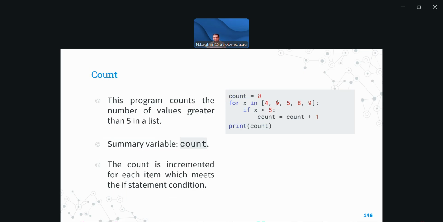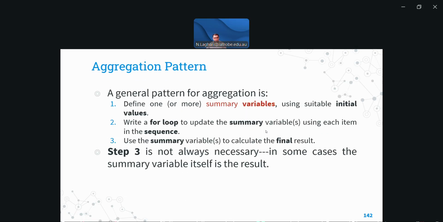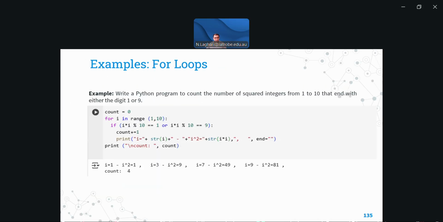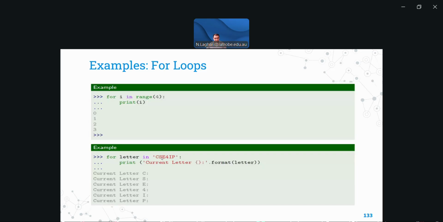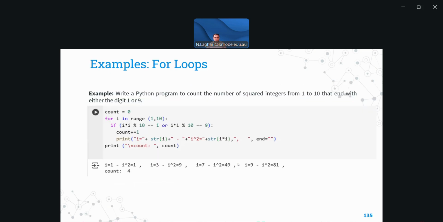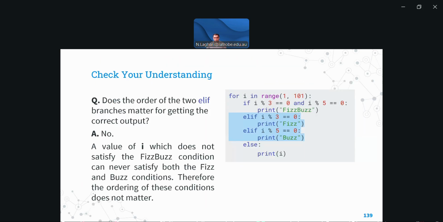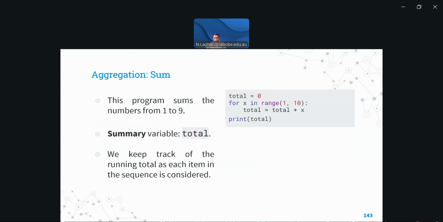And count is where we want to count how many numbers there are in a list, or even in a text. For instance, if we wanted to count how many numbers there are in this text, that can be treated as an aggregation problem.